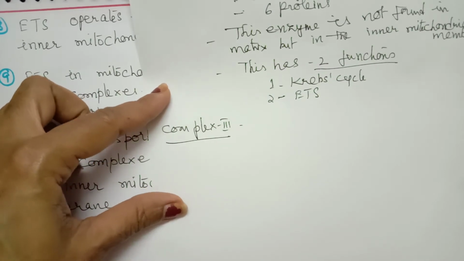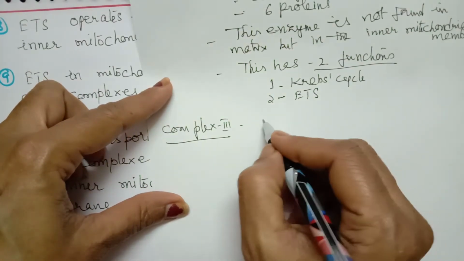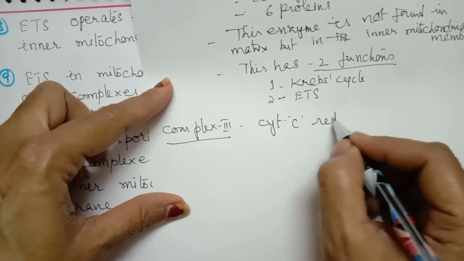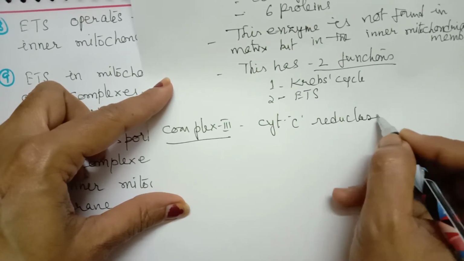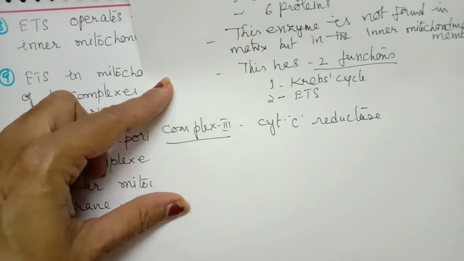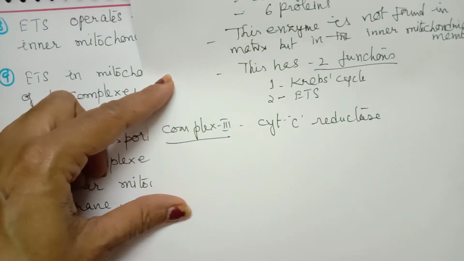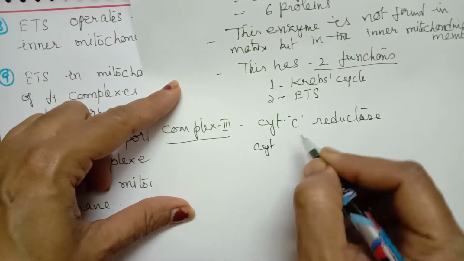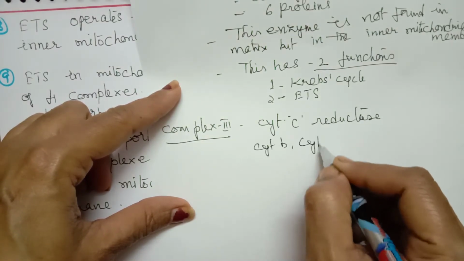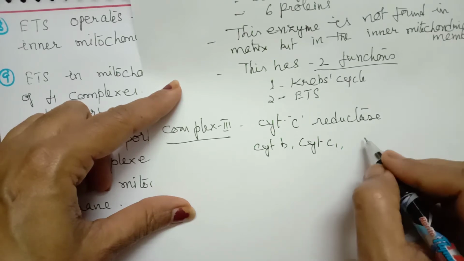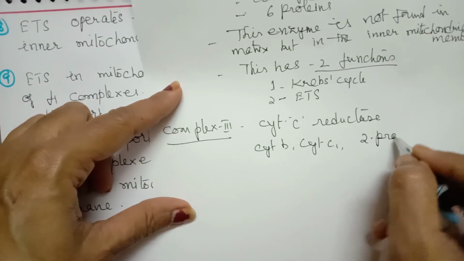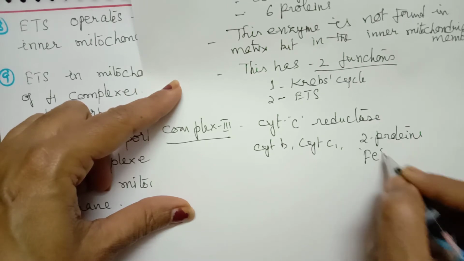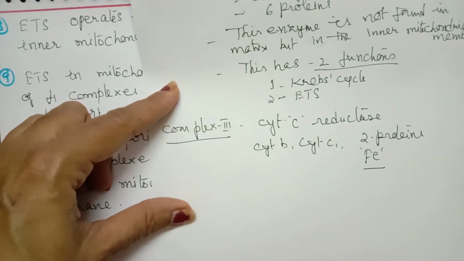Complex 3 is called cytochrome C reductase complex. And this complex is made up of cytochrome B and cytochrome C1 along with 2 iron containing proteins.